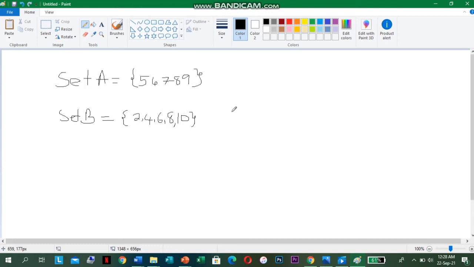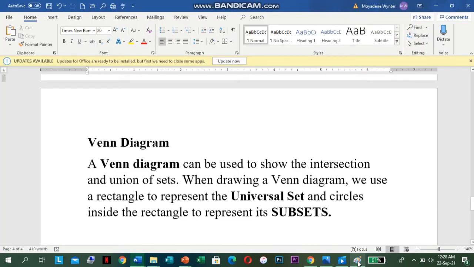Alright, beautiful. So it says a Venn diagram can be used to show the intersection and union of sets. When drawing a Venn diagram, we use a rectangle to represent the universal set and circles inside the rectangle to represent its subsets.